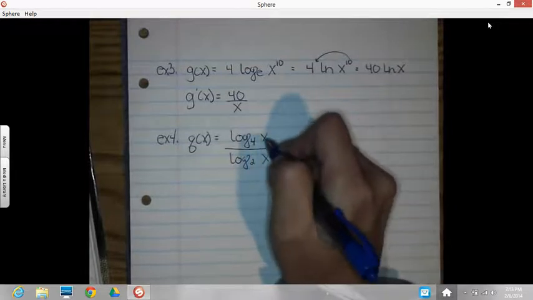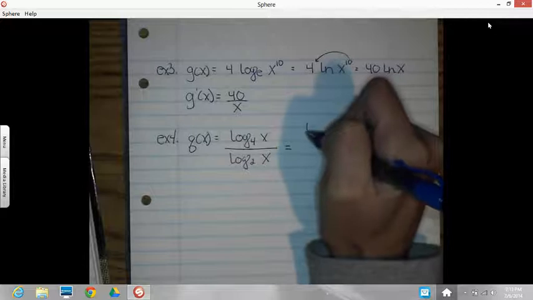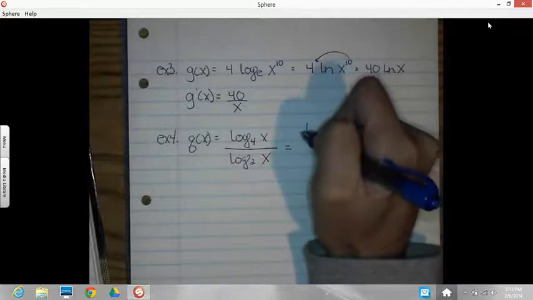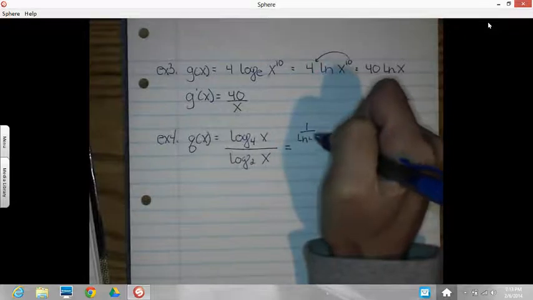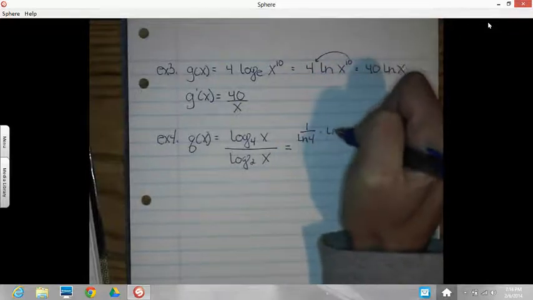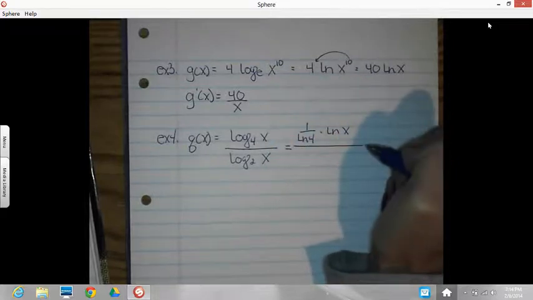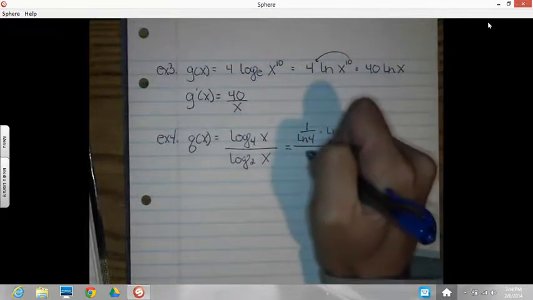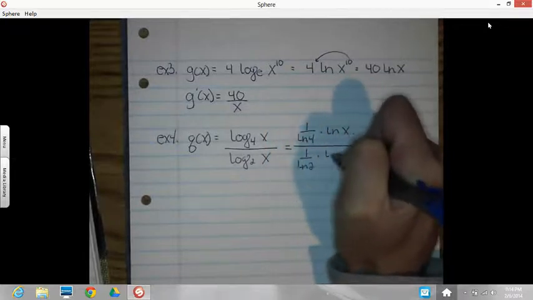So I have to use the change of base for the top and for the bottom. So the change of base here is 1 over natural log of 4 times natural log of x divided by 1 over natural log of 2 times natural log of x.